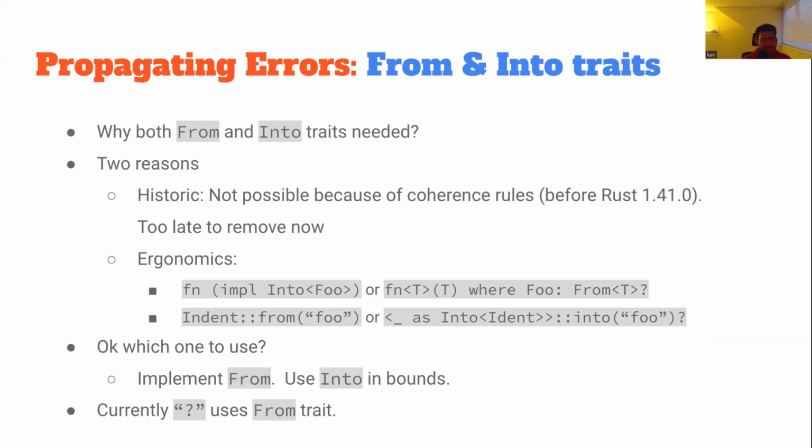Currently, the question mark operator uses the From trait, like we saw how it converted from the setup error to my error via From. Jan argues that maybe in the future it can also use the Into trait. But based on what he's saying, currently with the existing toolchain, it just uses the From trait for the conversion.